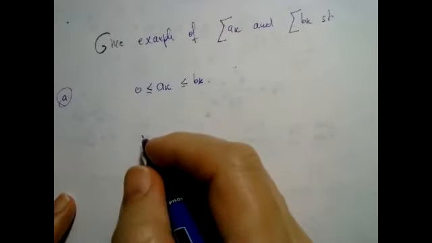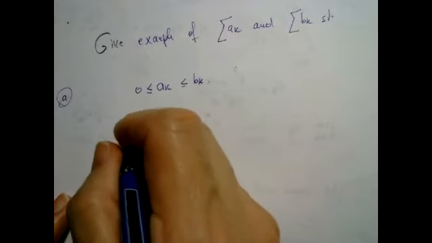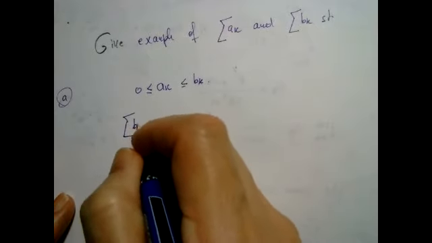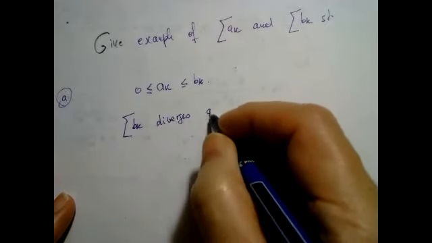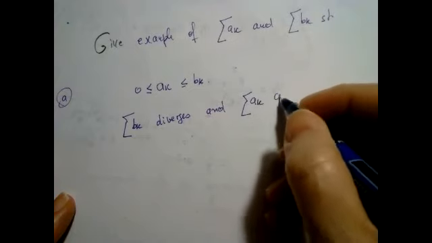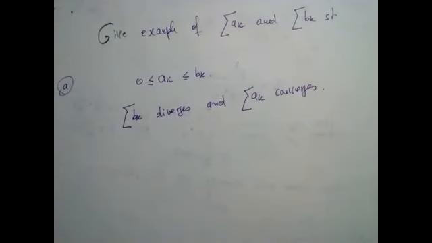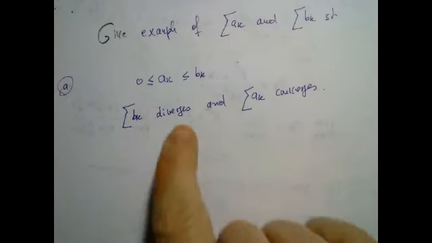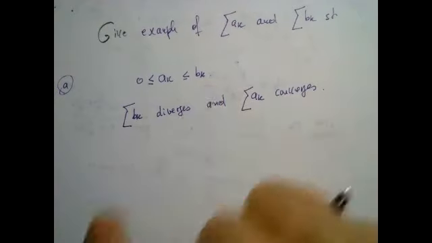I want sigma BK diverges and sigma AK converges. Okay, get going. So I want an example of two series such that the smaller one converges and the larger one diverges.